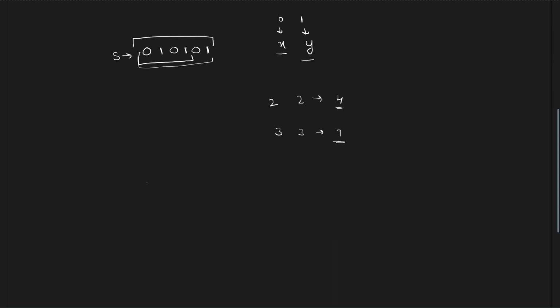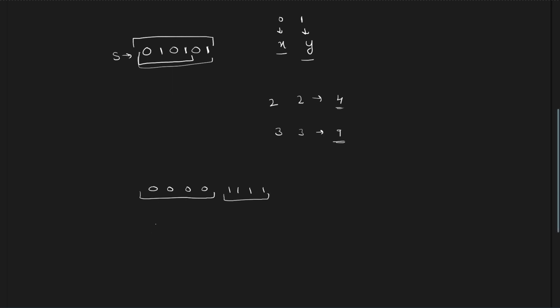Now the second case is when I want to include only zeros or only ones, right? So for this case, we can just find the longest contiguous sequence of zeros and the longest contiguous sequence of ones in the string, right?